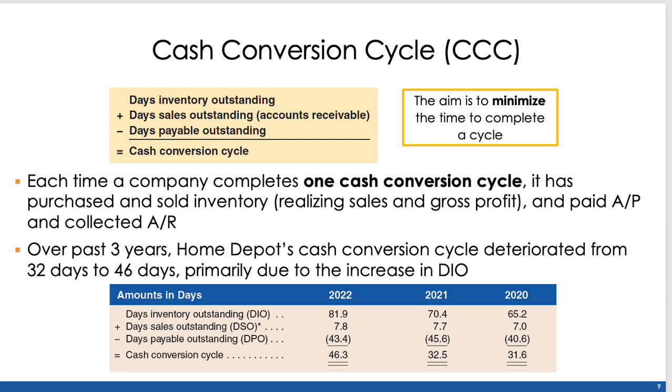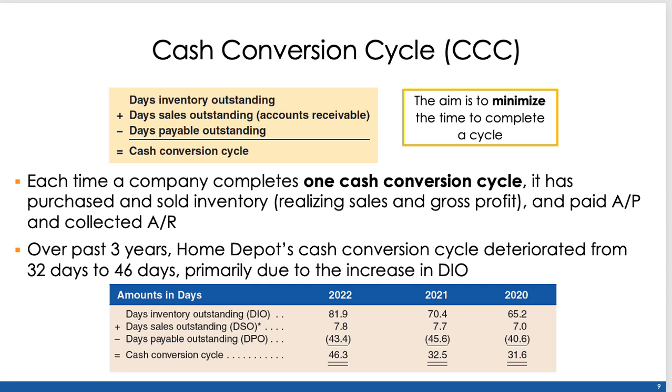So you have the days your inventory is outstanding, which you just discussed, the days sales are outstanding, which is the accounts receivable function, and finally days payable outstanding, which we just spoke about.